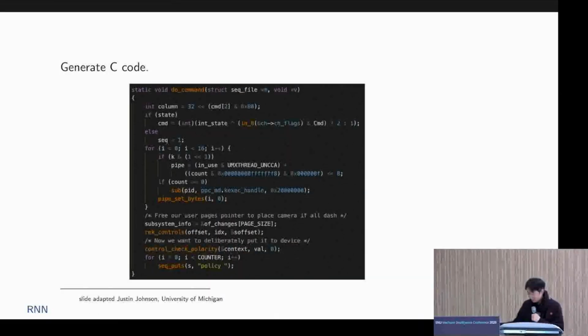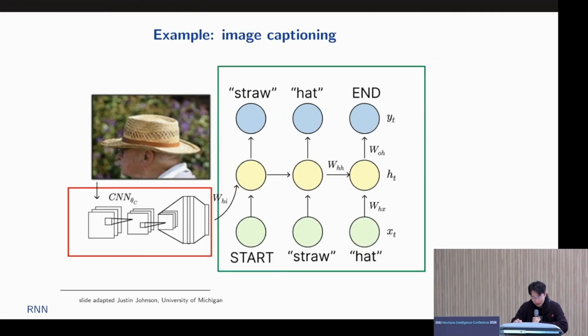And you can also do many different tasks. You can train it on somebody else's C code and make it output C code. And you can also do image captioning. You can insert an image into a CNN and get a hidden state so that the dimensions match the internal state of the RNN.